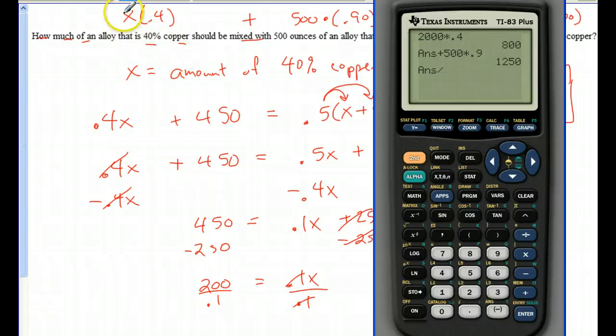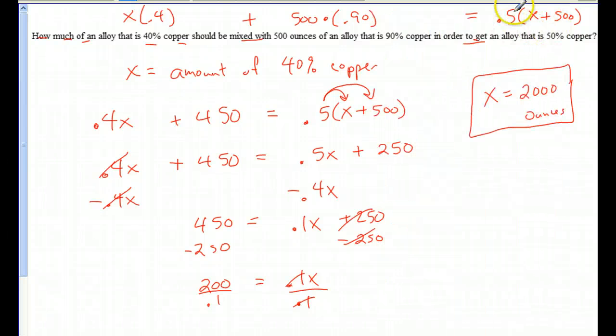So we got 2,000 for x, 500 for the other. Add those together, divide, and we get 0.5, and that's what we wanted in our mixture. That's how you can check that.